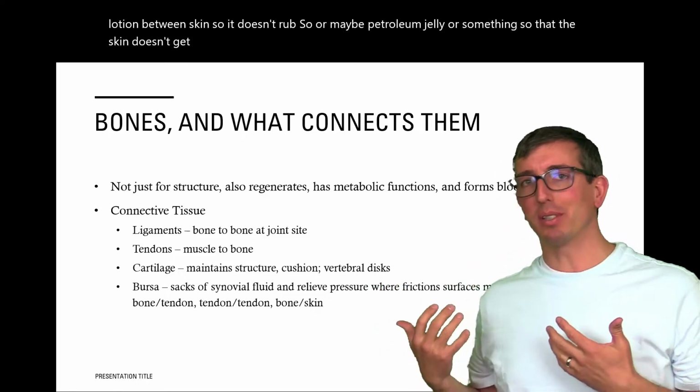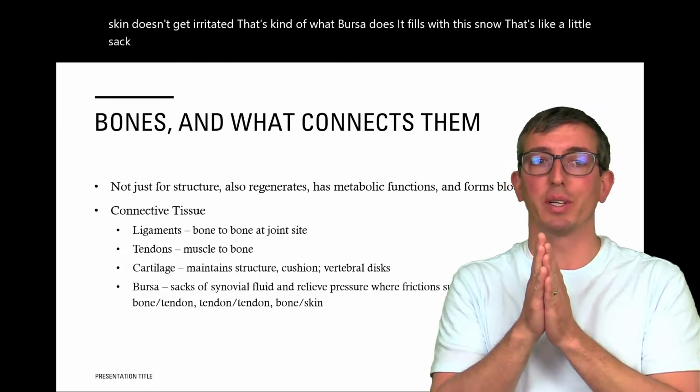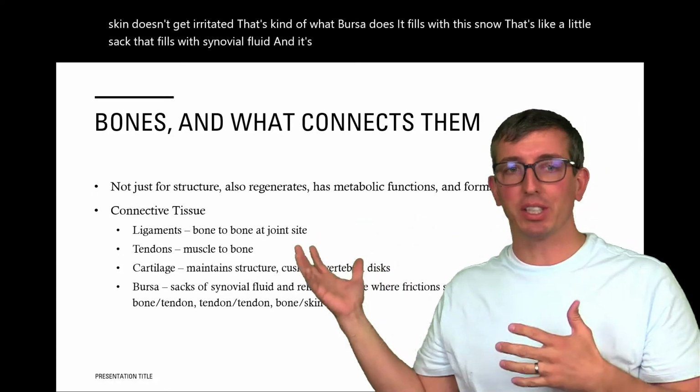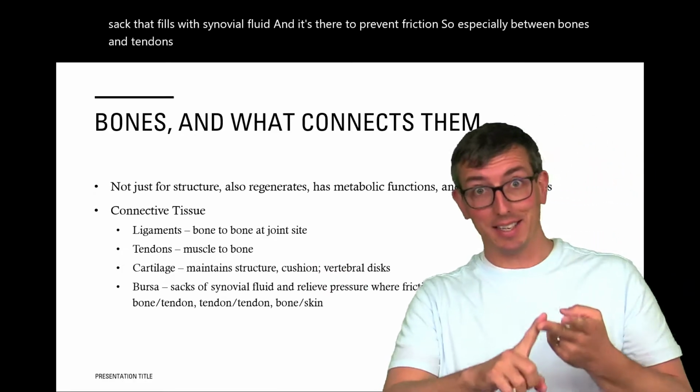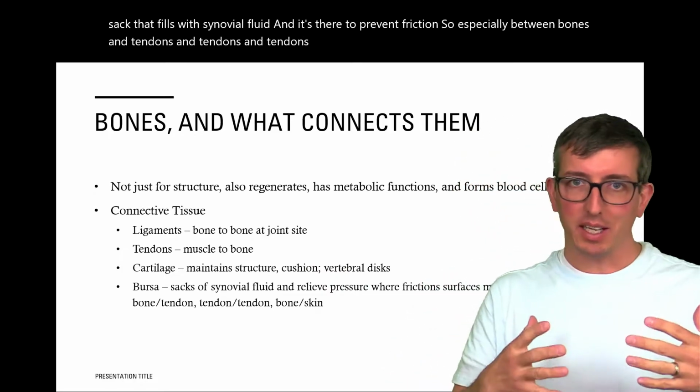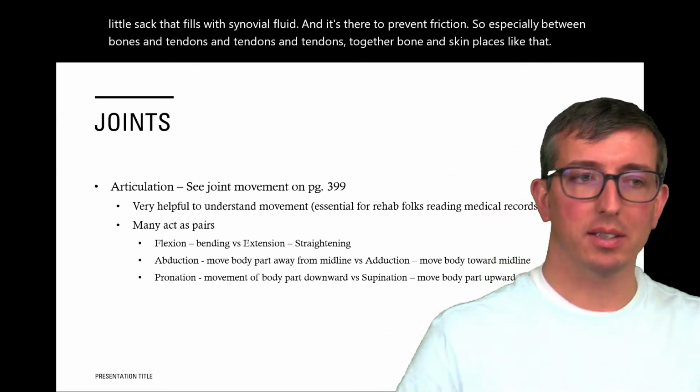It's a little sac that fills with synovial fluid, and it's there to prevent friction, especially between bones and tendons, bone and skin, places like that. So those are the connective tissues.